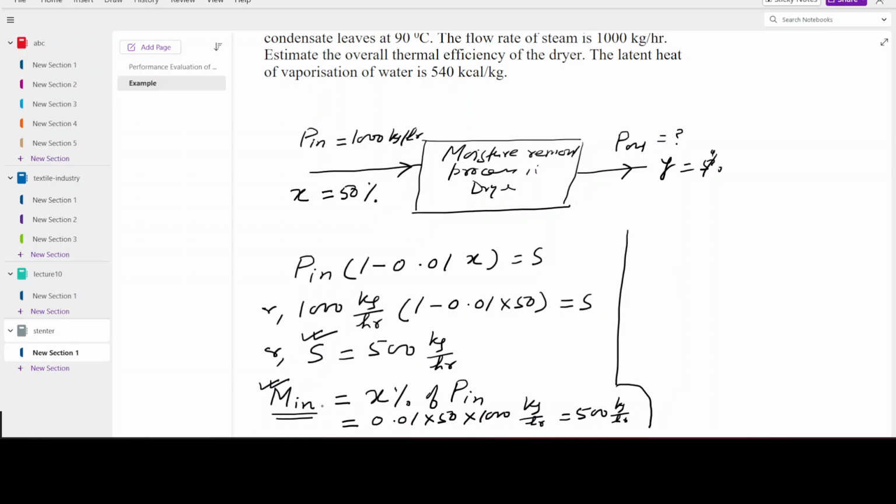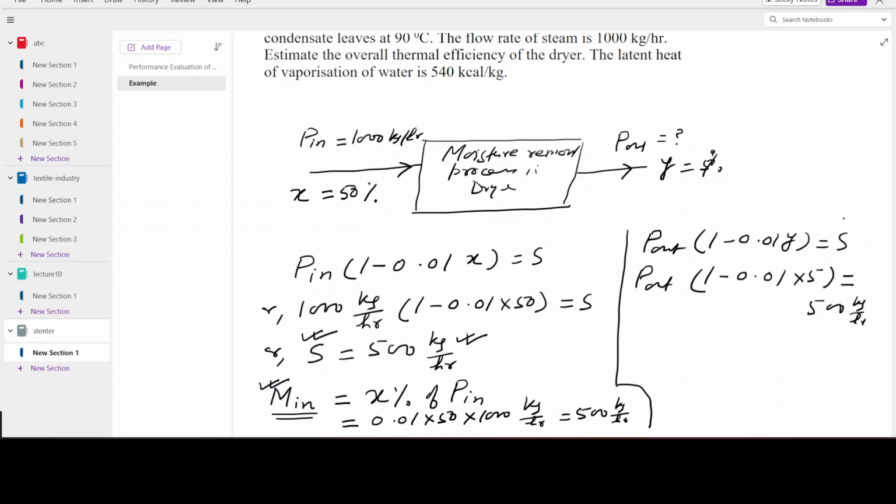Now we have to find M out. For that we have the formula P out times 1 minus 0.01 Y is equal to S. Here we don't know the value of P out, and Y is 5% here, and from the data given of P in we have found S is equal to 500 kg per hour, because S does not change in the process, so it will remain the same before input and after output.